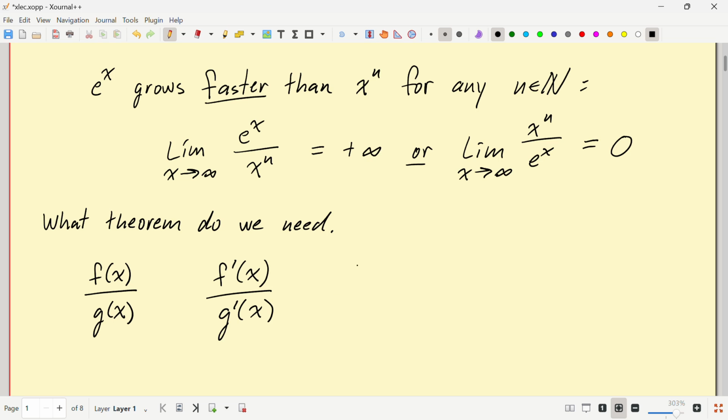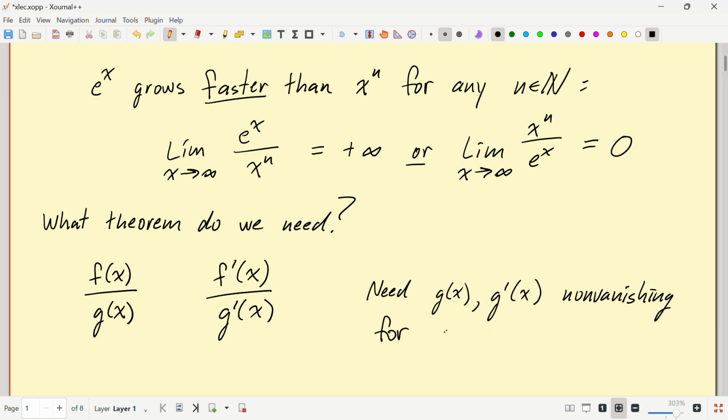So what theorems do we need? We see right away that we need g of x and g prime of x to be non-vanishing for x bigger than something.